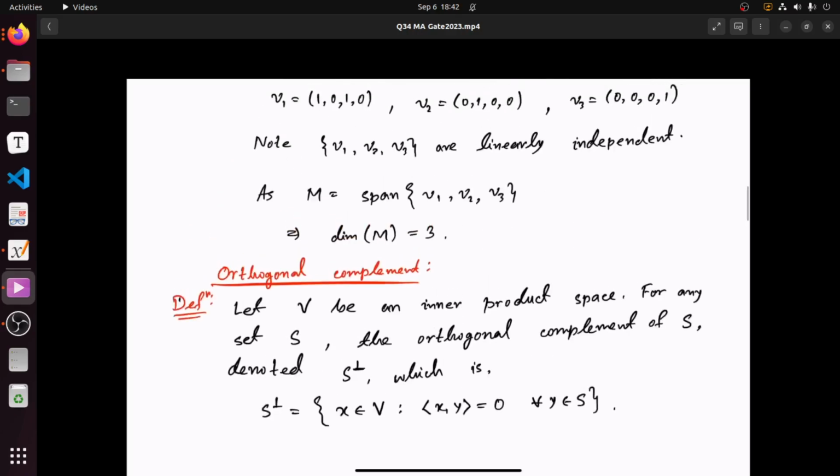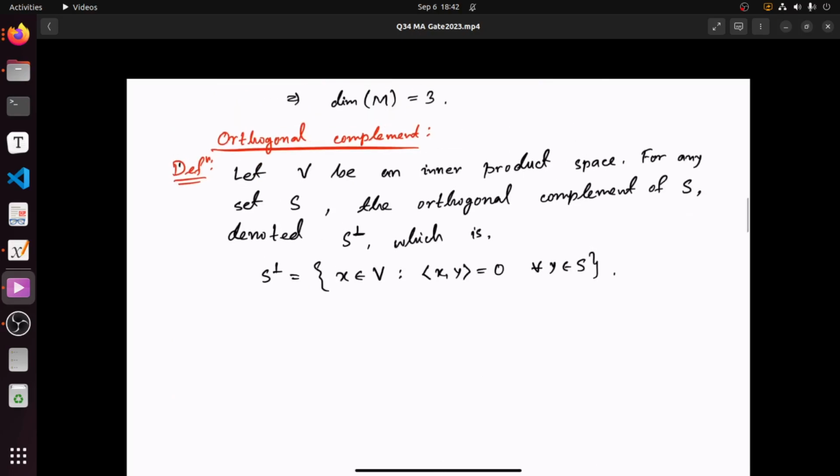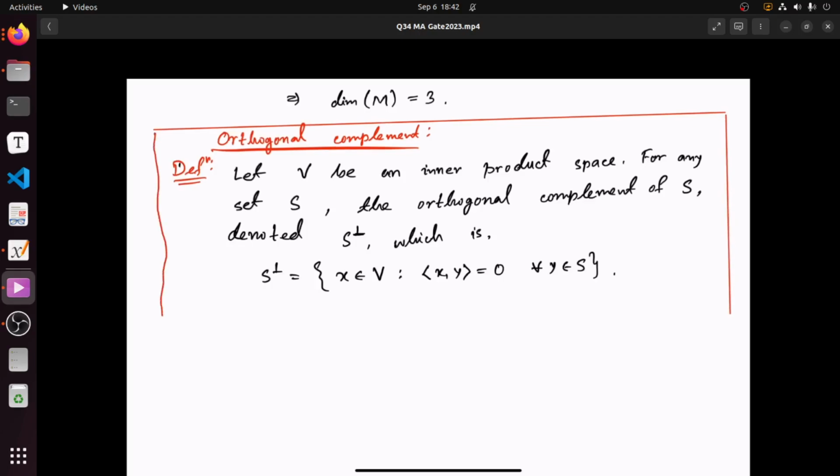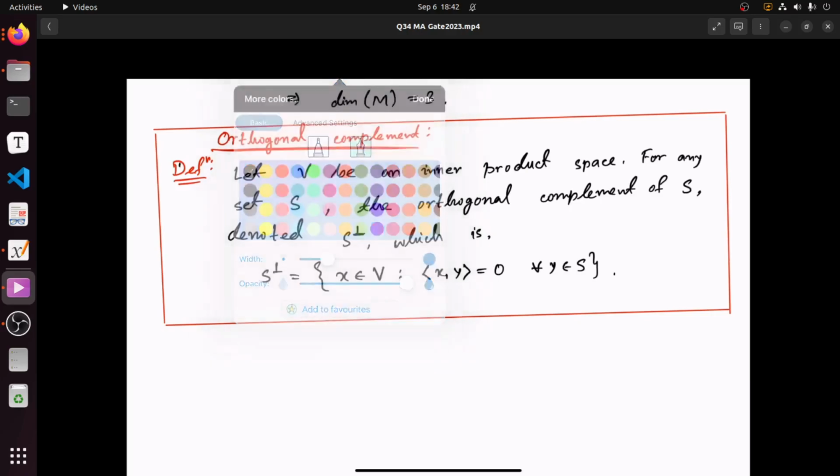So here we have to find the dimension of M perp.